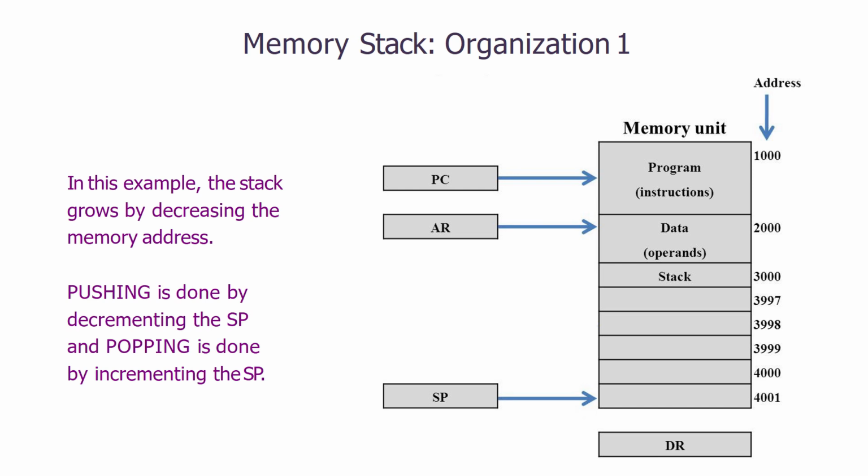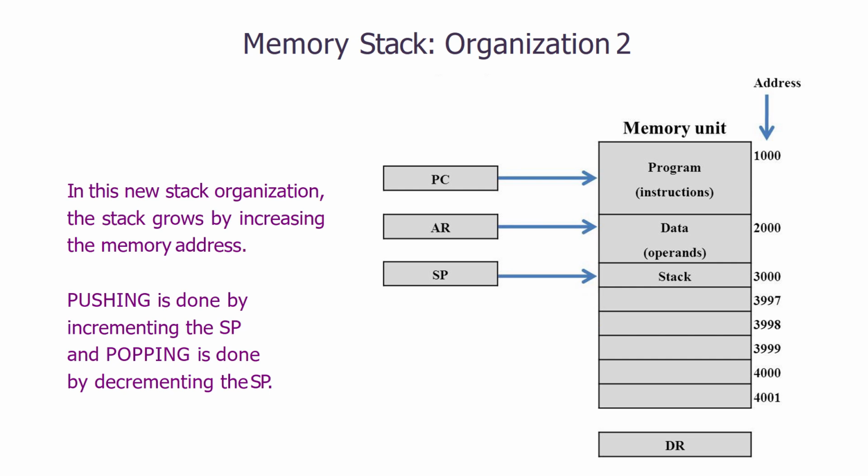Now in this organization 1, my stack is growing upwards. My addresses are decreasing with every push and it will reach up to 3000. The initial value of SP decides in which direction my stack is growing.